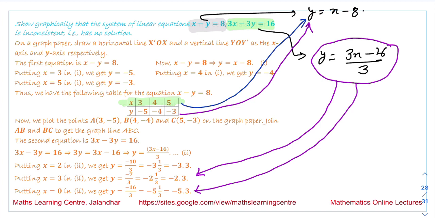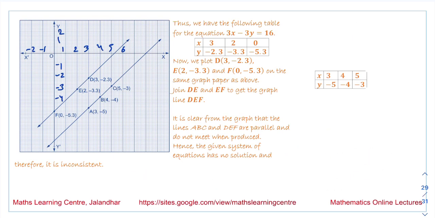So in this case, you can solve these values over here. You can substitute these values of x that are shown over here, and you will obtain the points corresponding to the first equation. We have the point 3 comma minus 5. This is the point over here. Next is 4 comma minus 4. This is the point over here. And next is 5 comma minus 3.